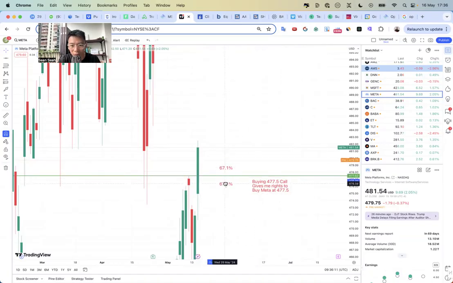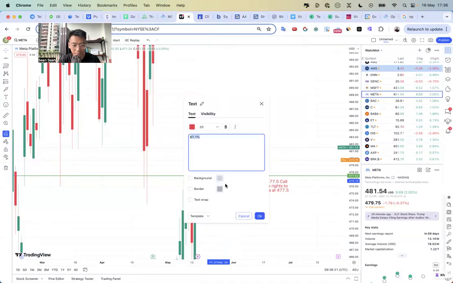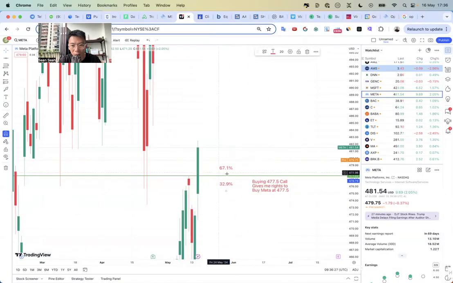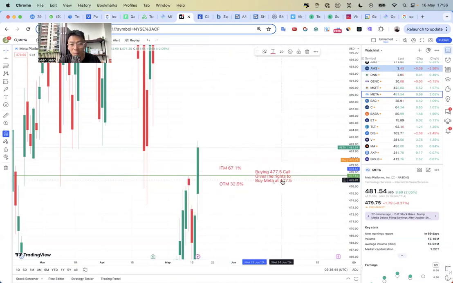So if you take 1 minus 0.671, there's a 32.9%, so about 33%, chance that Meta will be below 477.5. If it's below 477.5, this call option will be out of the money. In the money means the Meta share price is still above; out of the money means the Meta share price is below 477.5.